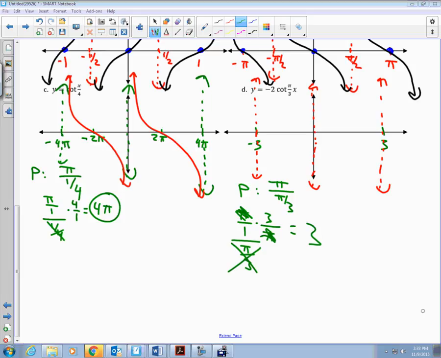So what's halfway between 0 and 3? 1.5 or 3 halves, and then negative 3 halves. So it's equal to 0 at those spots. How is this cotangent function different than the others? It's negative. So is it going to start down, finish up, or start up and finish down? Start down and finish up, because it's opposite of what it would normally be.